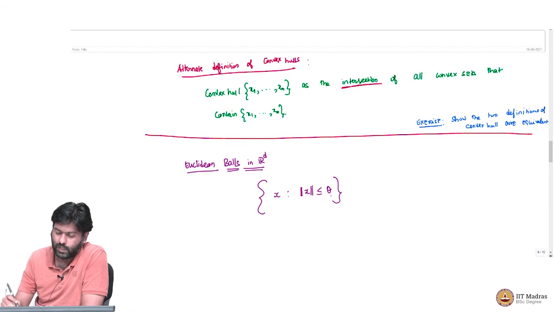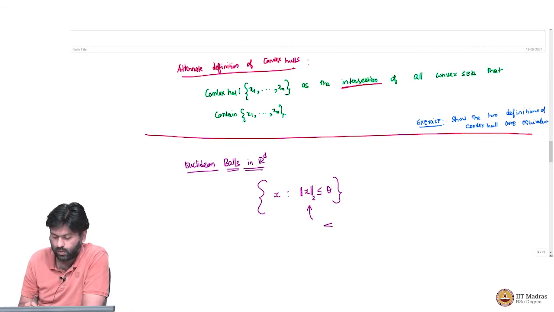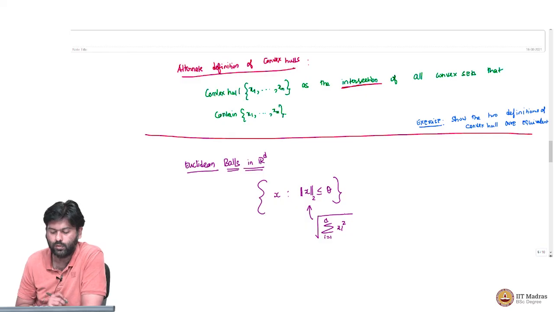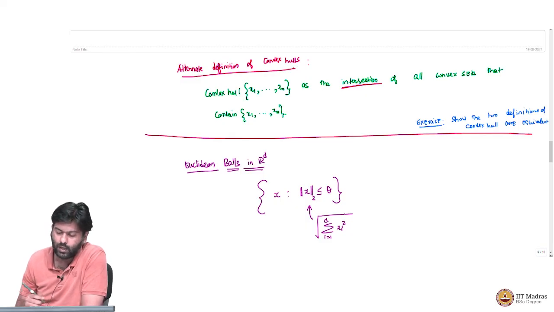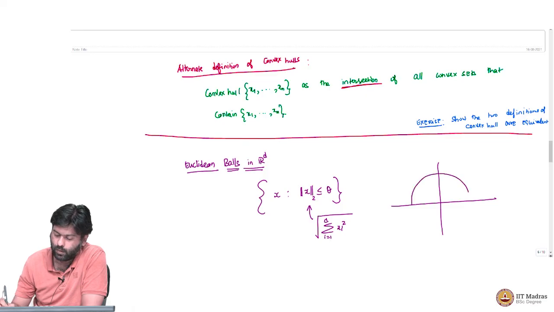Here it is the Euclidean norm, by which I mean the square root of the sum over i equals 1 to d of xi squared. So this has to be less than or equal to theta. Of course, this is simply, not the unit circle, the circle with the radius theta.